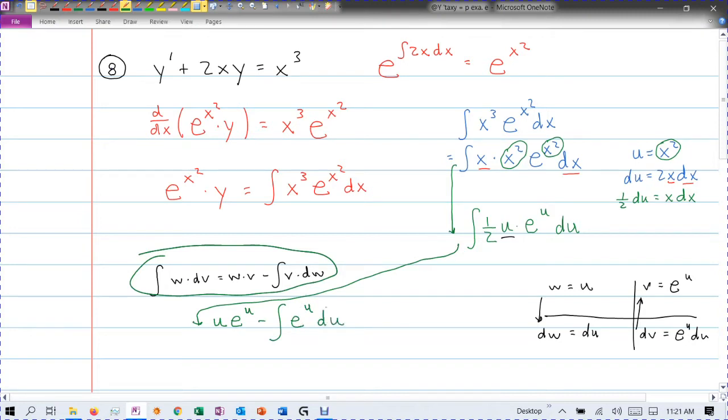That integral is easier, so we get u e to the u minus e to the u plus c. Then we replace all our u's with x squared.